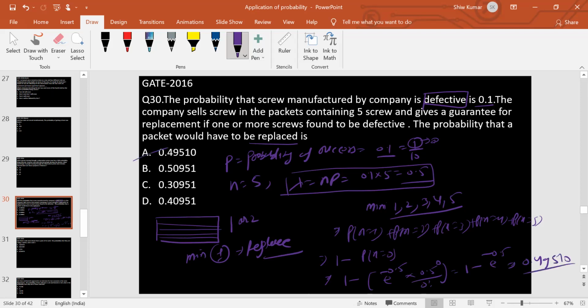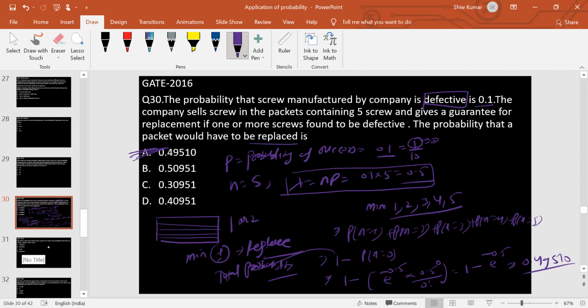So the option number is the right answer. If you simplify them you will always get this answer. So here apply only one concept: the total probability is 1, and from that you need to subtract the probability of getting 0 defective.